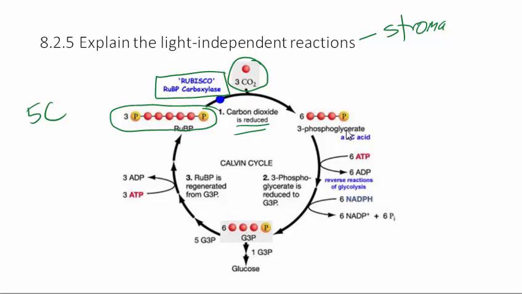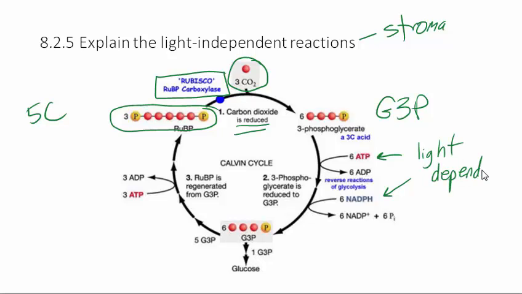And you're making a molecule which you have to know as G3P. That molecule is converted in a series of steps with ATP and NADPH. They're coming from the light-dependent reactions to a molecule that you have to know as triose phosphate.